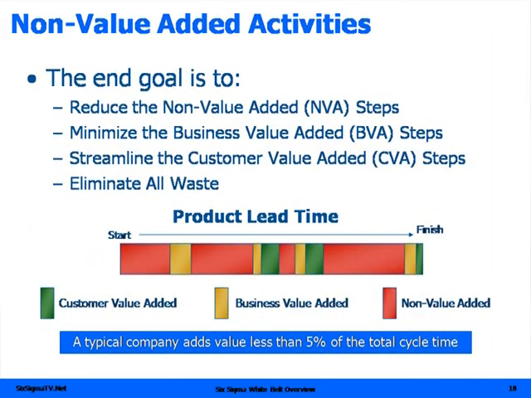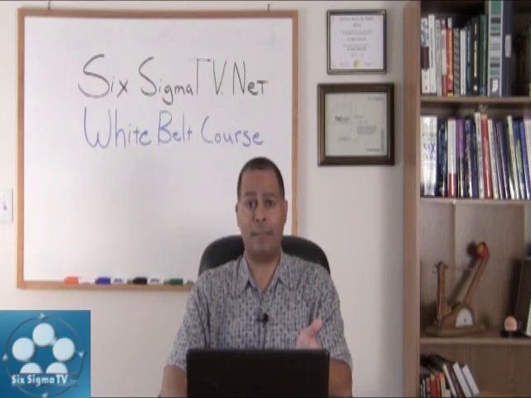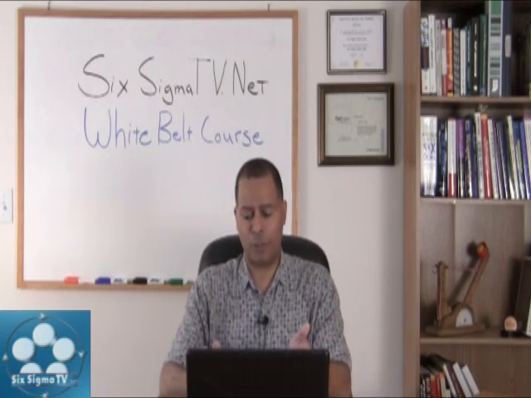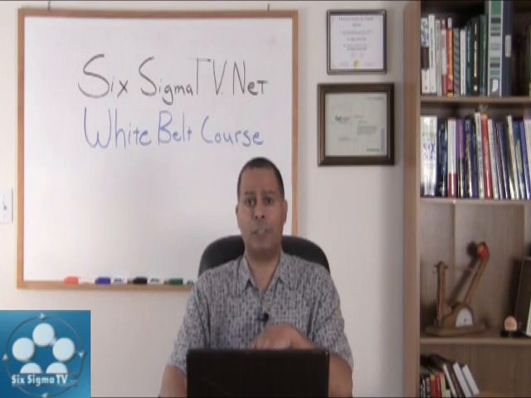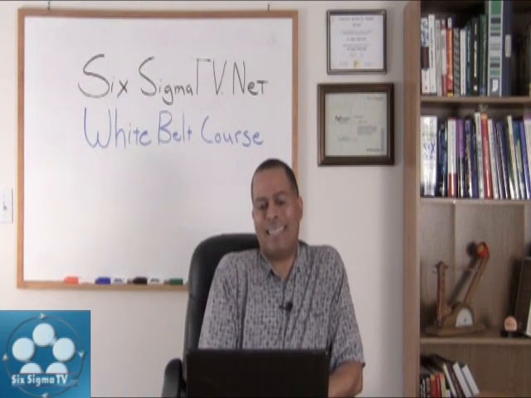A lot of processes are like this, especially when you begin using Six Sigma and Lean Six Sigma. You might have 5, 10, 15% of value added or business value added activities, and the rest is non-value added activity. You want to squeeze that as much as possible and turn this as green as you can.